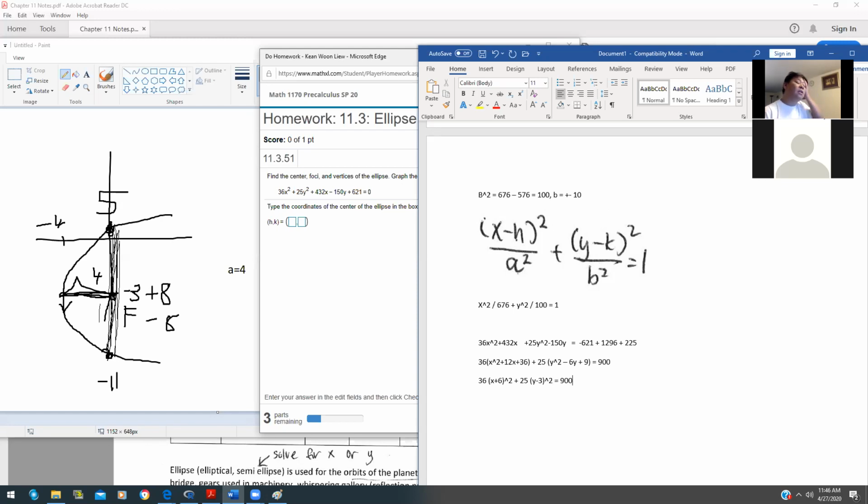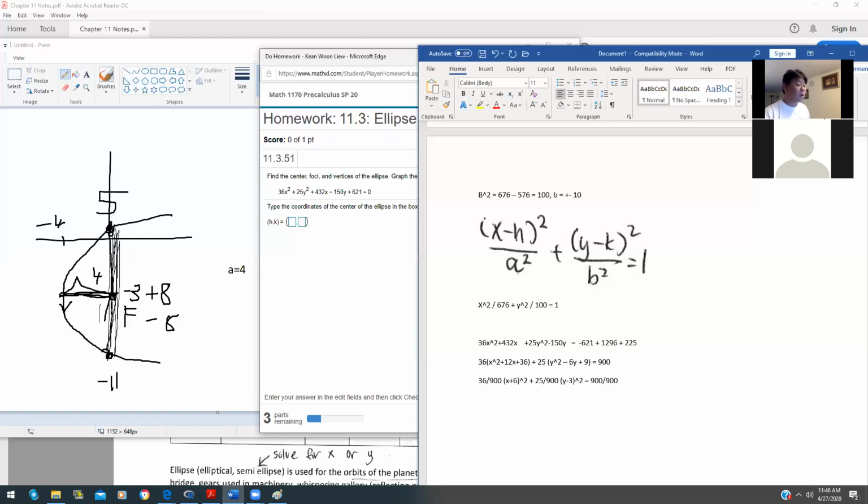The last thing you need to do is make this 900 equal to 1. As you know, all your ellipses or hyperbolas have to equal 1. So I divide everything by 900. What is 900 divided by 36?